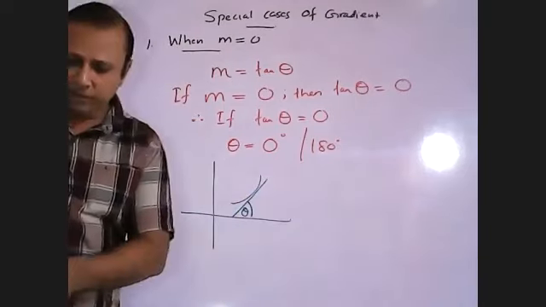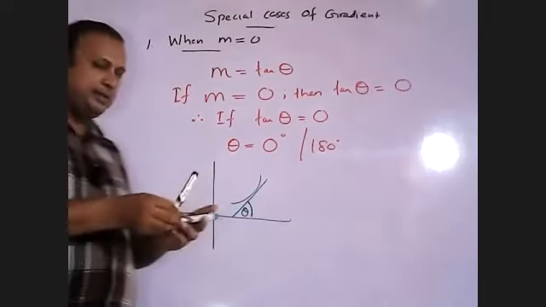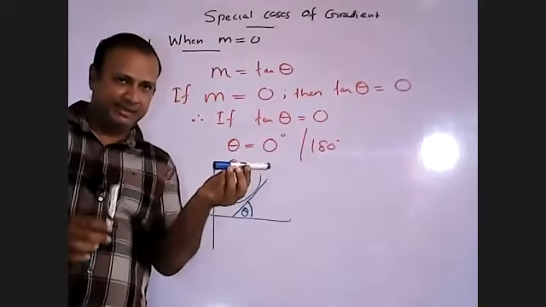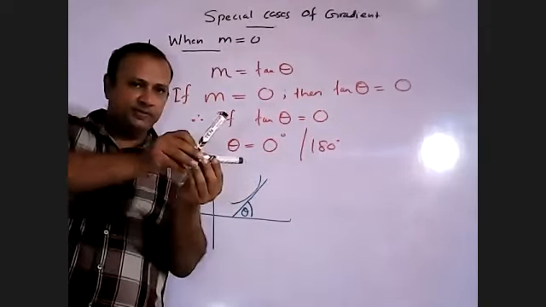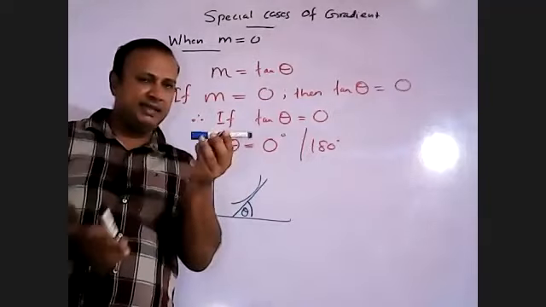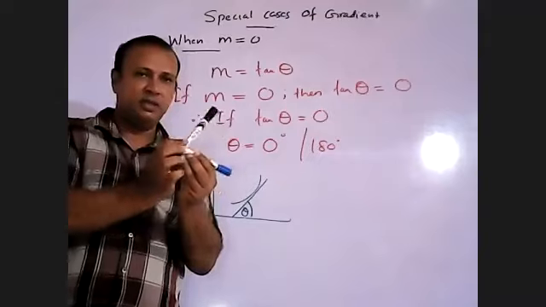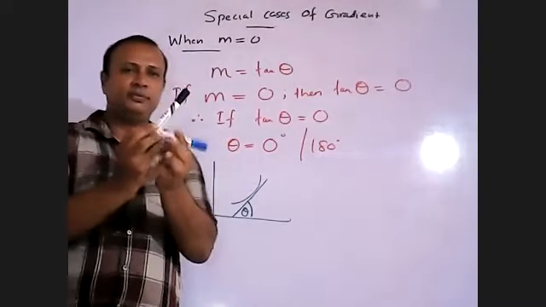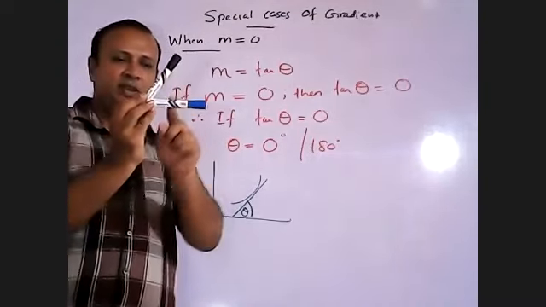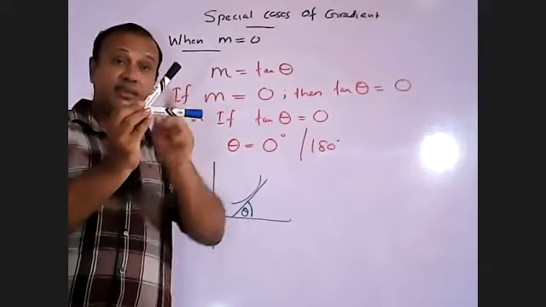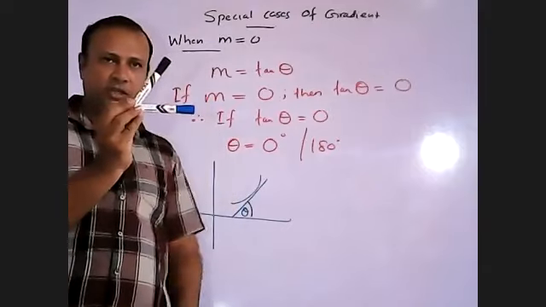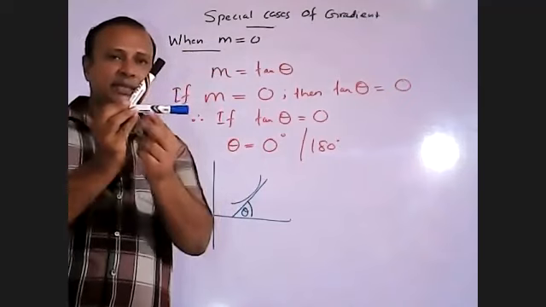So this is theta, no? Suppose now this is the x-axis and this is the tangent. Look at this one. The angle between these two is equal to theta. Suppose this angle is 0.